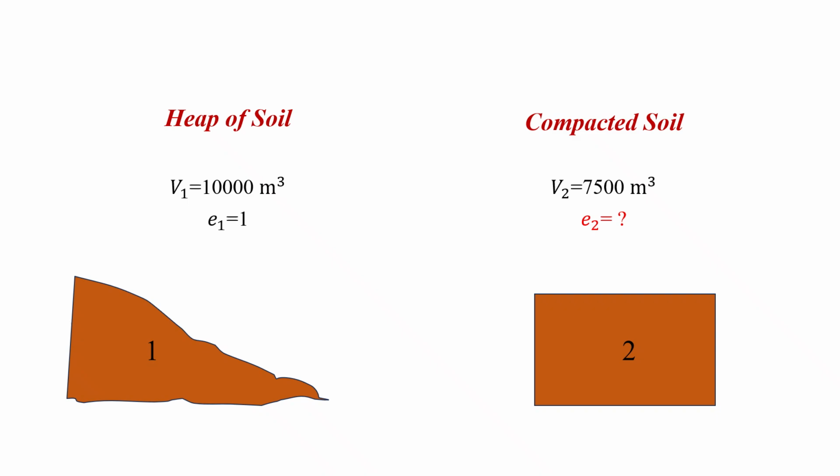For easiness, we will denote loose soil as 1 and compacted soil as 2. Therefore, V1 equals 10,000 meter cube and e1 equals 1. V2 equals 7,500 meter cube and we have to find e2.